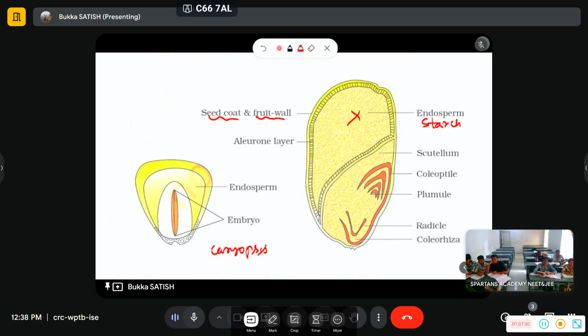This is starchy. Whereas surrounding this endosperm, there is one proteinaceous layer, which is the aleurone layer. Apart from this, the remaining structures are scutellum, coleoptile, plumule, radicle, and coleorhiza. Okay, just practice this figure.